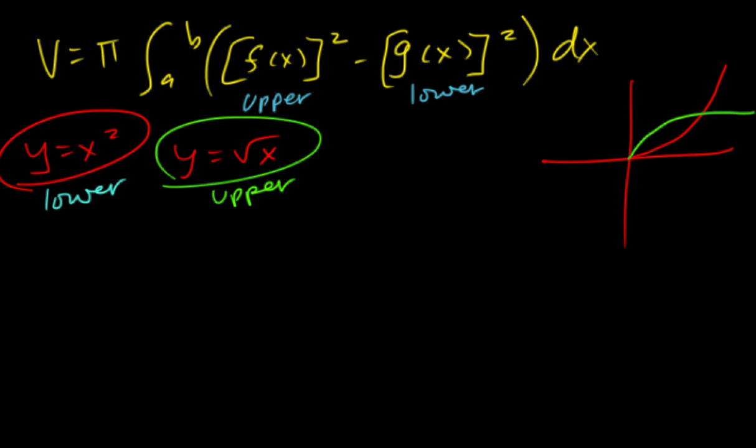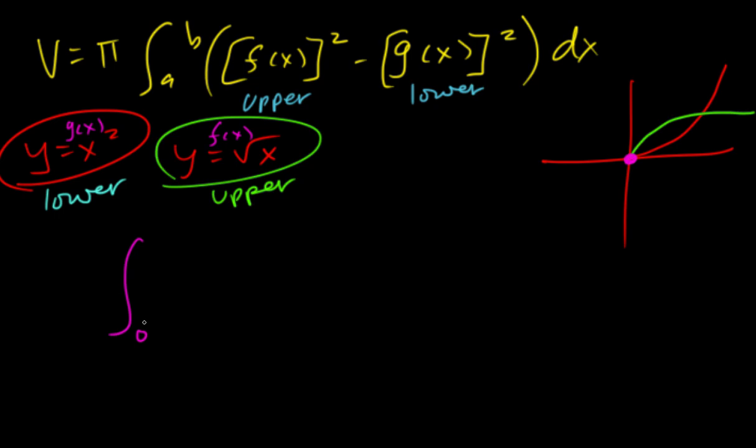So this is like f of x, and this is g of x in our formula. We also need to know where they intersect. So we can see that they intersect at the origin, and so we just need the x value.